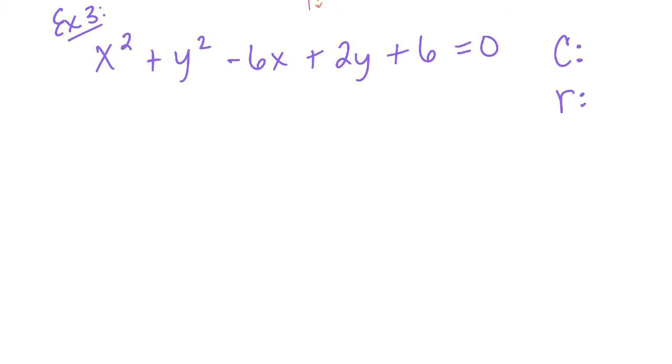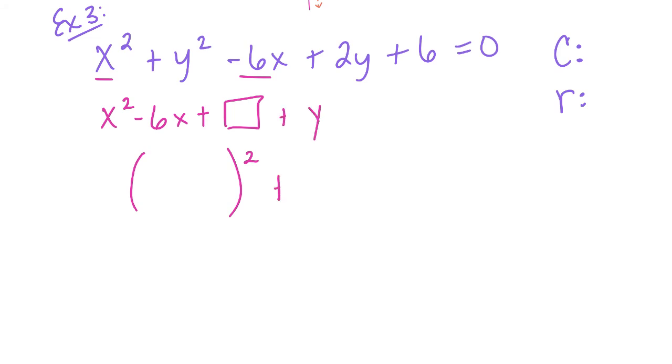So the first thing we're going to do is put our x's together. And remember, we have to complete the square because we want this to be a perfect square. I also need to put my y's together. And we can complete the square there because we want that to be a perfect square.